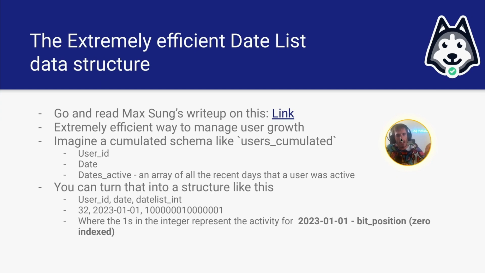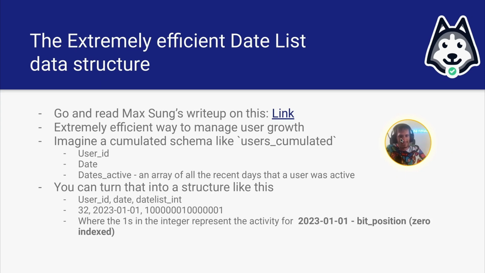A naive approach would have a user ID, the current date, and then dates active, an array of all the days where that user was active, and you can cumulatively add to this array every time you see a value, so you can see this user was active on this day, and this day, and so on.